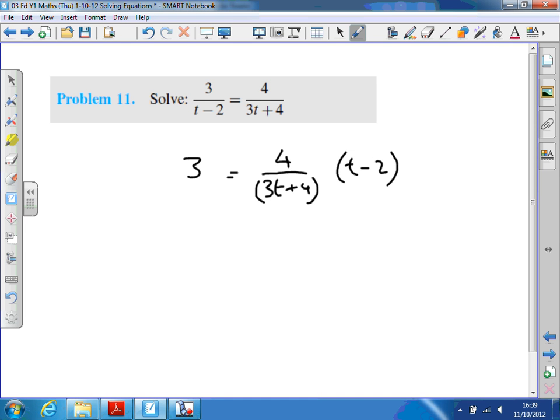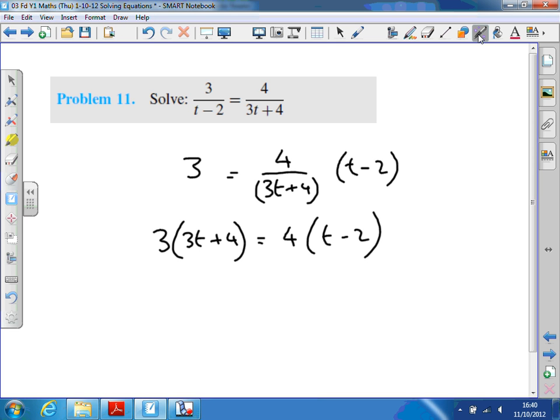Still not good. What would I do now? Multiply by 3t plus 4. So I'd get rid of this, but I've got to multiply the other side by 3t plus 4 equals 4 times t minus 2. Note the effect.